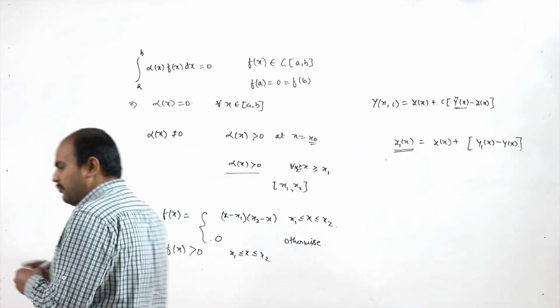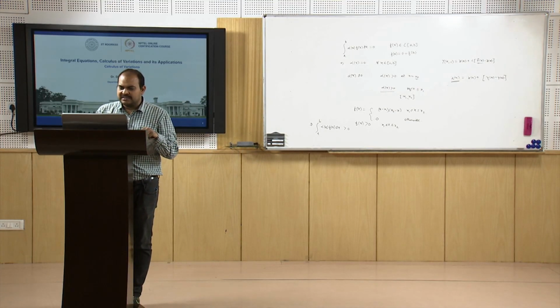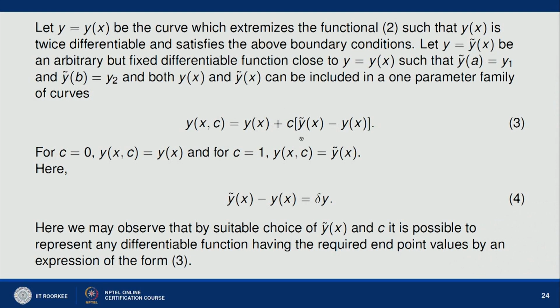So every differentiable function can be represented in the form 3, having the same property that y(a, c) is equal to y1 and y(b, c) is y2.